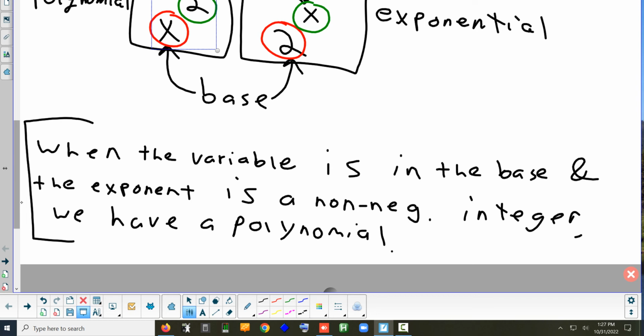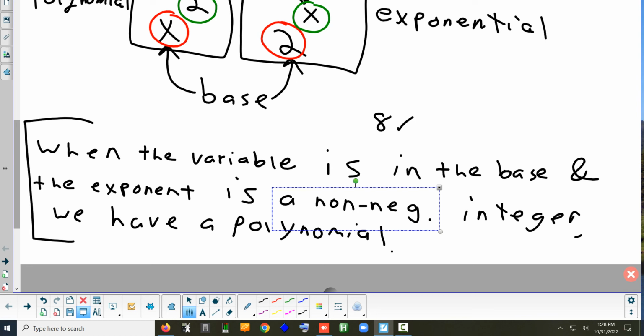Okay, when I say it has to be an integer, can somebody remind me, what does an integer mean again? Yeah. Yeah, it's a number that doesn't have a decimal. Specifically, we're looking for a number that's not negative. So it could be a 1, 2, 3, 4, 5, any number like that.